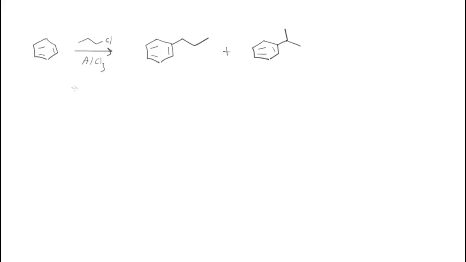Right, so when things don't happen the way that we expect them to, we have to go back and try to draw mechanisms that account for the different types of products. The first product, the propylbenzene, is fairly easy to account for with a standard mechanism.